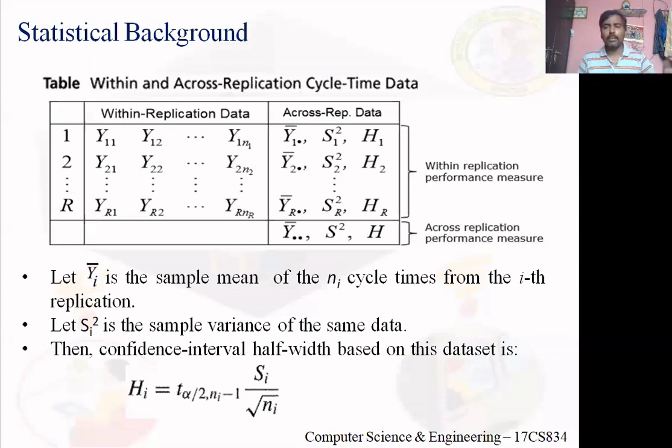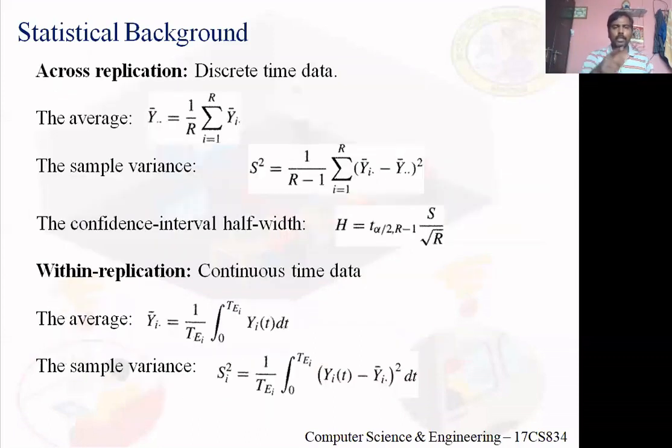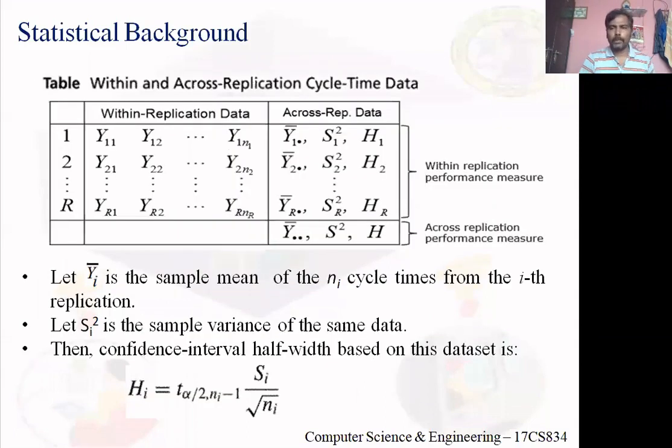Then I will compute the average of the average cycle times, which we call the mean. So how to compute the average of average cycle times of all runs?